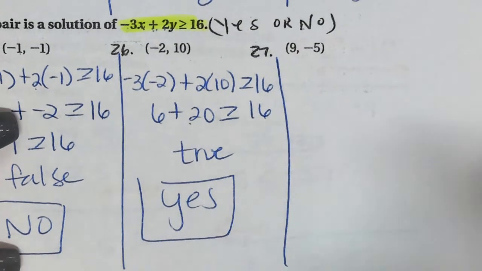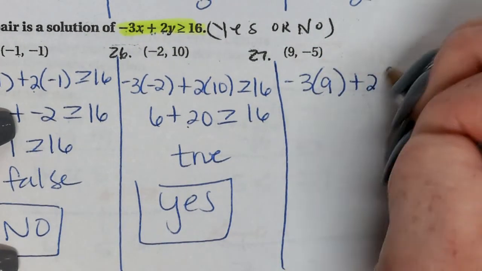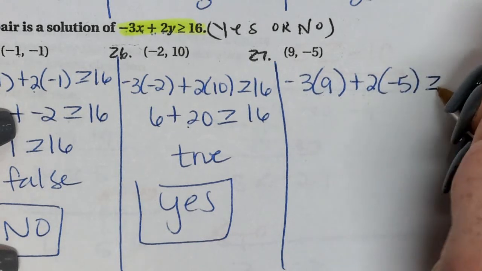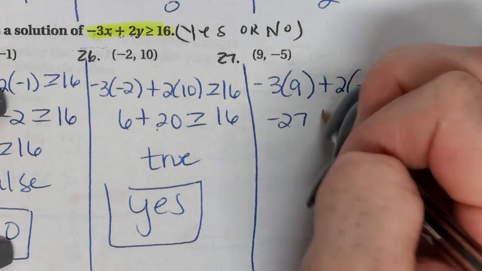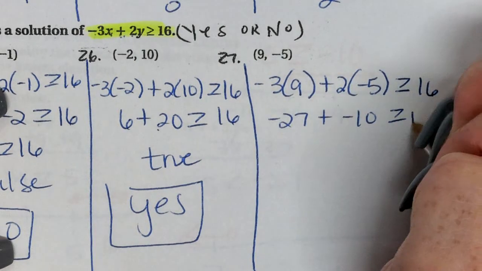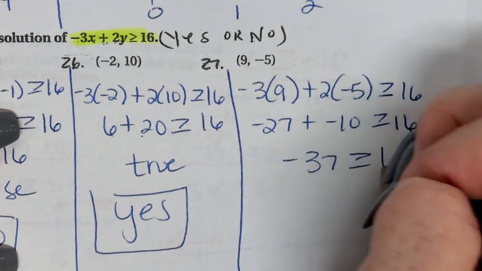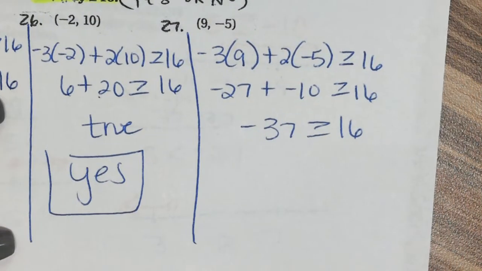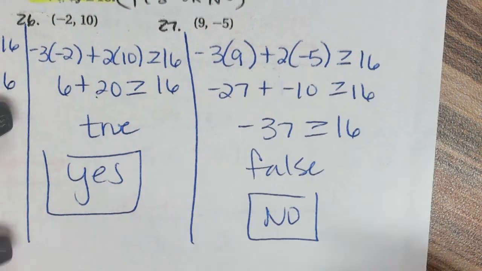The last one. Negative 3 times 9 plus 2 times negative 5 greater than or equal to 16. That's negative 27 plus negative 10 greater than or equal to 16. That is negative 37 is greater than or equal to 16. True or false? False. So the answer is no.